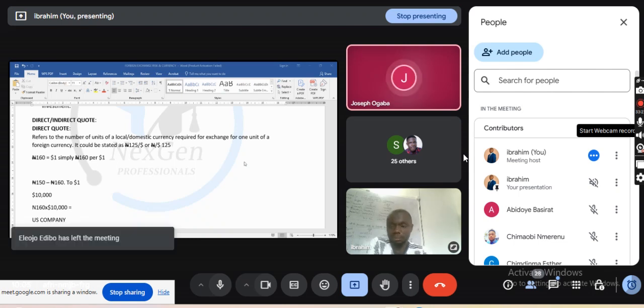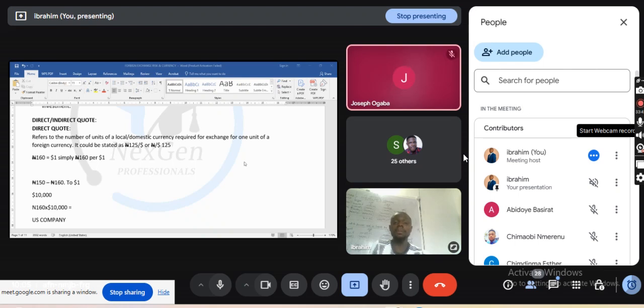That is direct quote. So it's another way of identifying a direct quote: multiplication. If it is a direct quote, you multiply. Thank you, sir.